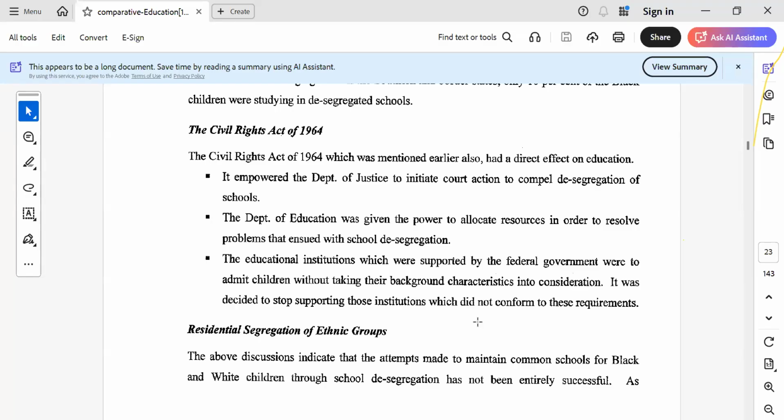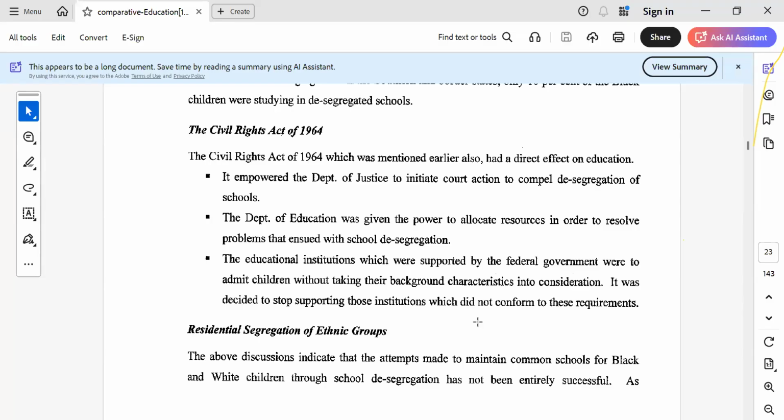Dalit, that race. But now the government is allocating a certain percentage. They can study and also they can go for jobs.